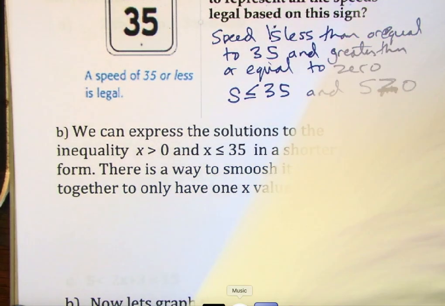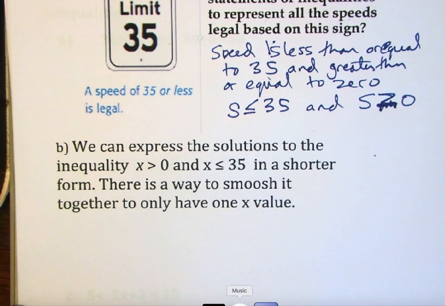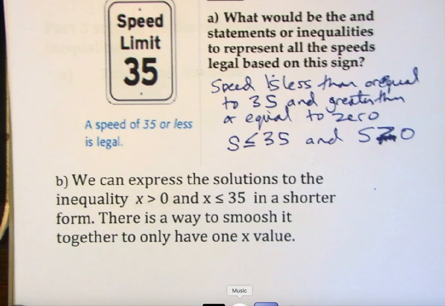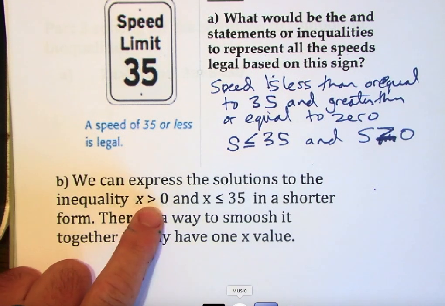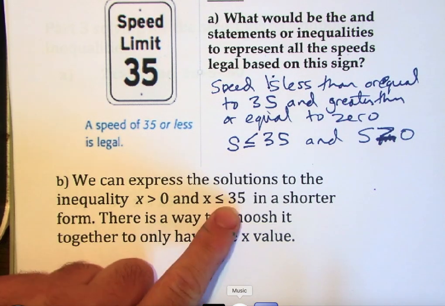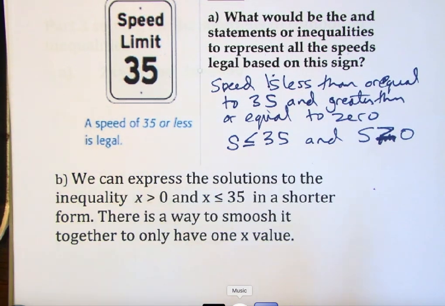So, mathematicians said, this is kind of new, so I need you to stretch your mind a little bit. We can express the solutions to the inequality x is greater than 0 and x is less than 35 in a shorter form. This is totally right, but this is a way to smush together to only have one x value or s value.